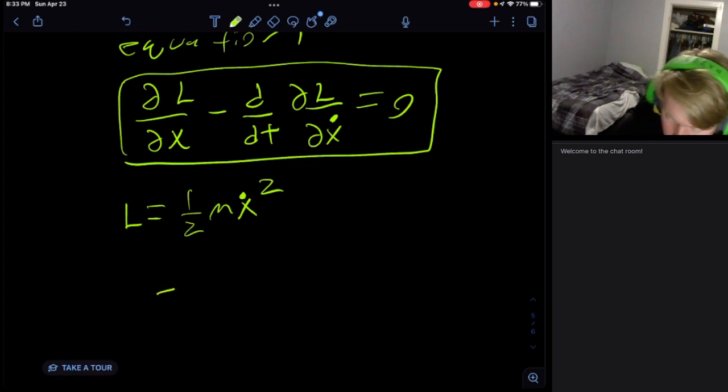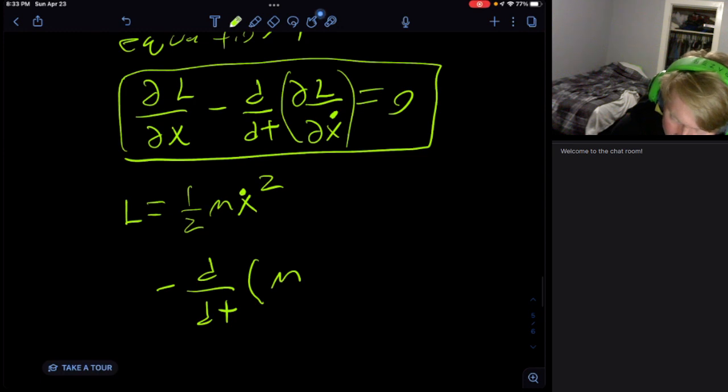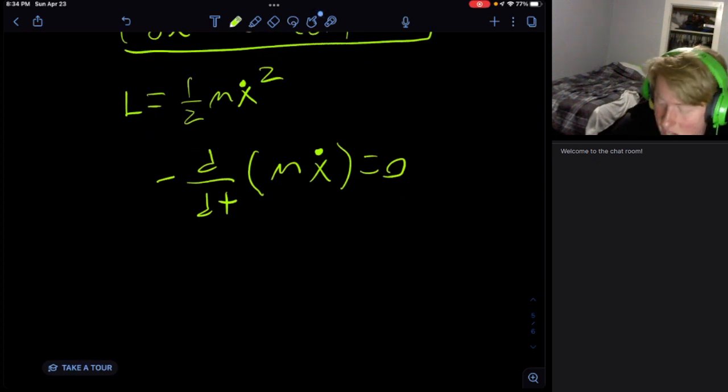Then we have negative d/dt of partial L with respect to x dot, which is m x dot, equals 0. Conceptually, this says that the velocity never changes with time, which is what we would expect.